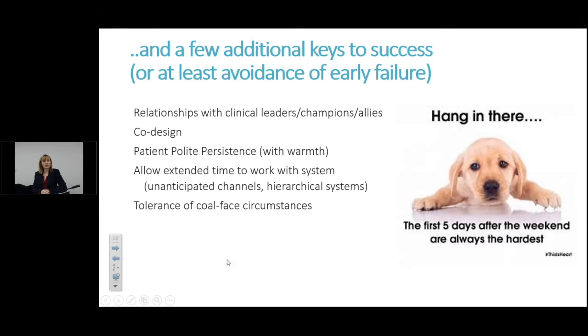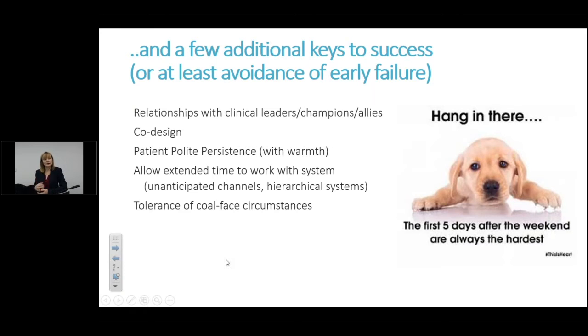Having a very patient, polite, persistent approach with as much warmth as you can muster, even though it's sometimes frustrating, and allowing extended time to work with systems, given that there'll be unanticipated channels and sometimes hierarchical systems that you just have to wait for them to operate. And being very tolerant of coal-face circumstances.